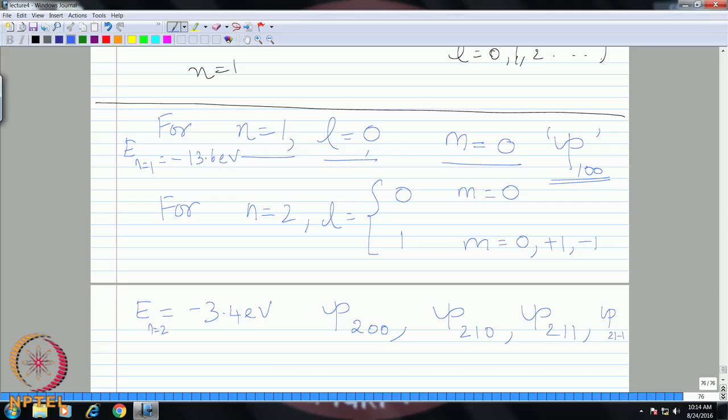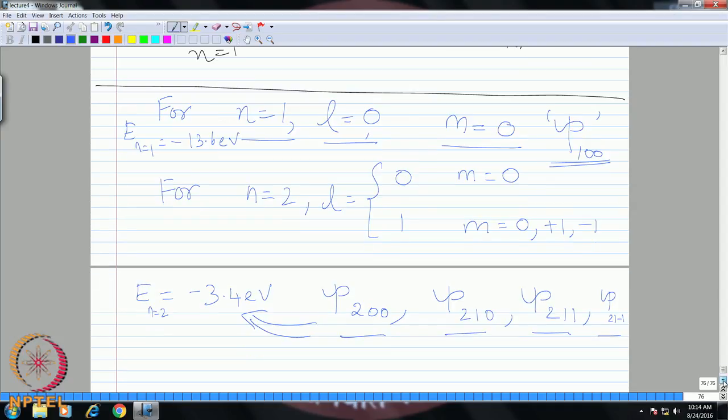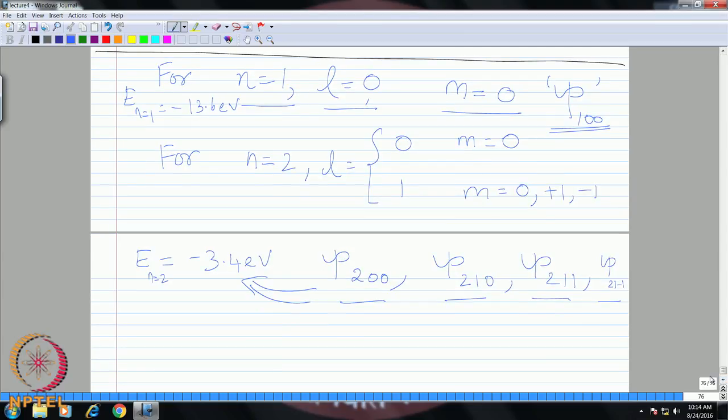Okay. So, you have basically 4 wave functions with the same value of energy. So, this is again showing classical degeneracy. Like this you can keep writing the quantum states for other values of n equal to 3, 4, 5.